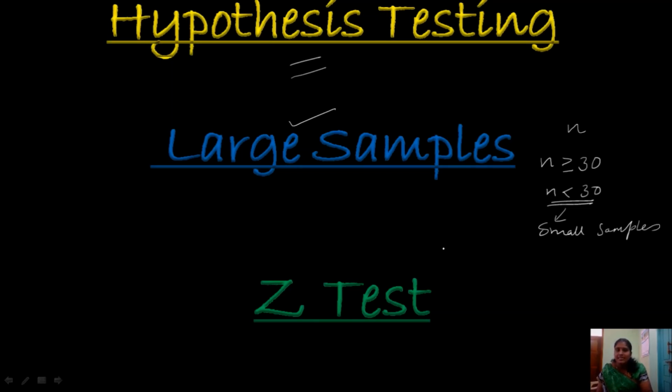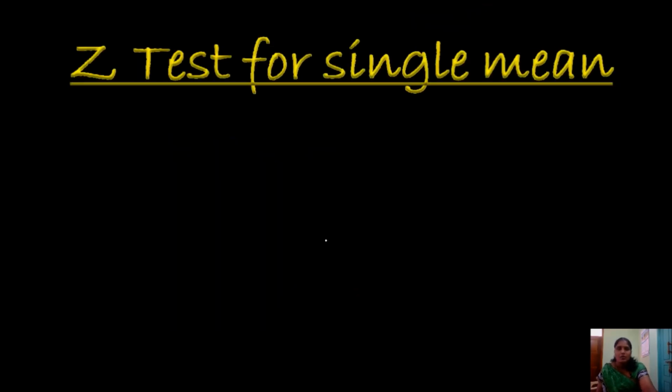There are so many tests available to test a hypothesis. For large samples, we make use of the z-test to test the significance for single mean, difference of means, single proportion and difference of proportions. Here, I am going to explain the z-test for single mean.